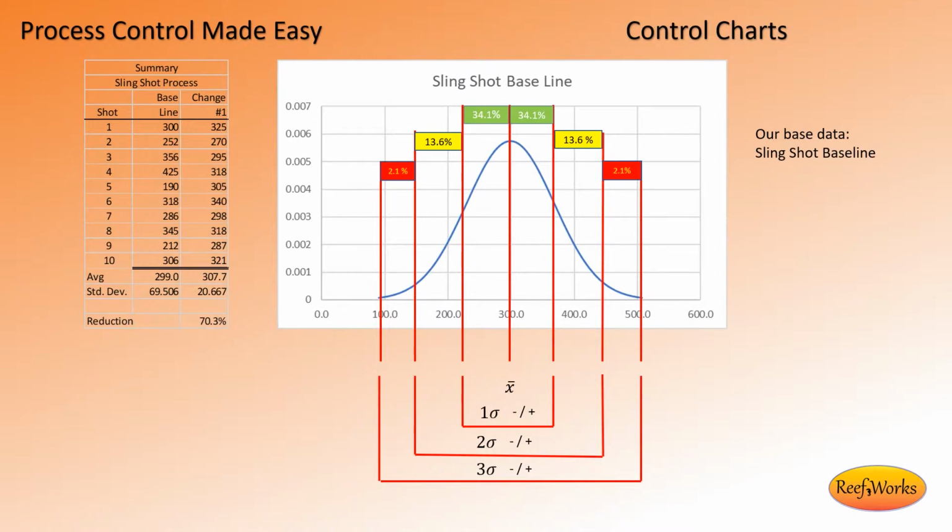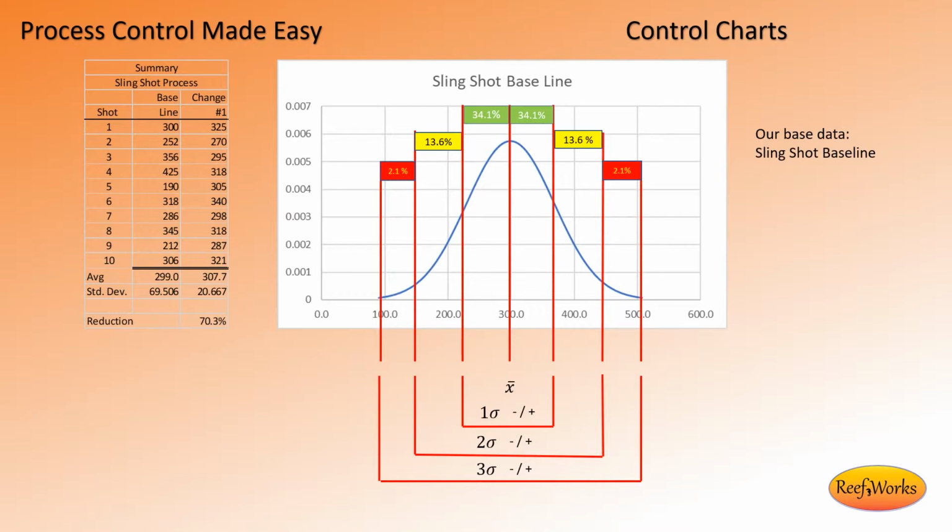It's important to note the percentages you see in the green, yellow, and red bars. Those correspond to the percent of values, if your process is centered, that you can expect to land in those spots. So plus or minus 1 standard deviation is 34.1% on each side, 13.6% between 1 and 2 standard deviations, and 2.1% between 2 and 3 standard deviations.